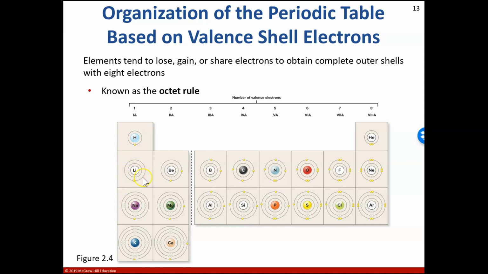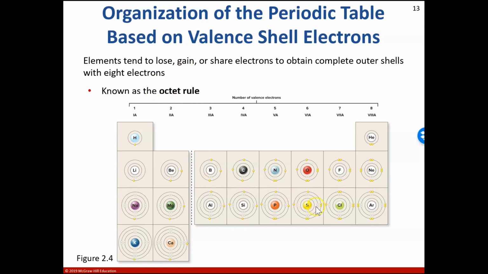This lithium is not happy because this last shell can have up to 8 electrons. So it really wants to probably give away its electrons so that this first orbital is full and it is happy. And fulfilling that is called the octet rule.